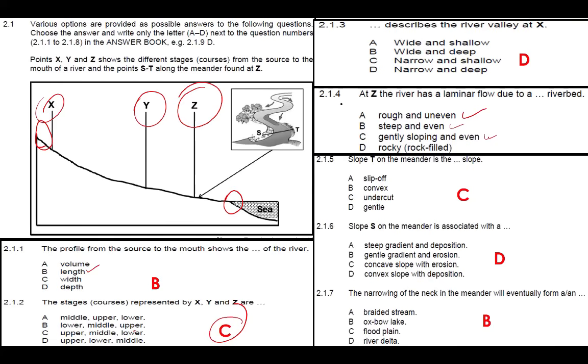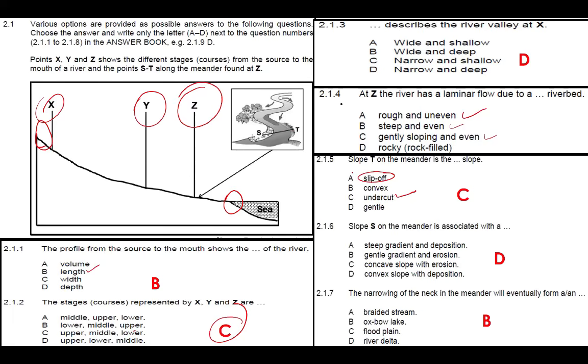Slope T on the meander is what slope? You can see slope T here is deeper, showing that there is more erosion at T, because water is moving faster at T. So slope T is called an undercut slope, and slope S will be called a slip-off slope.